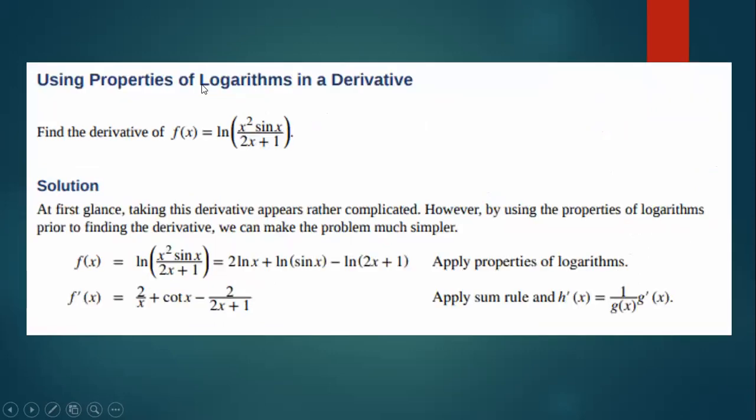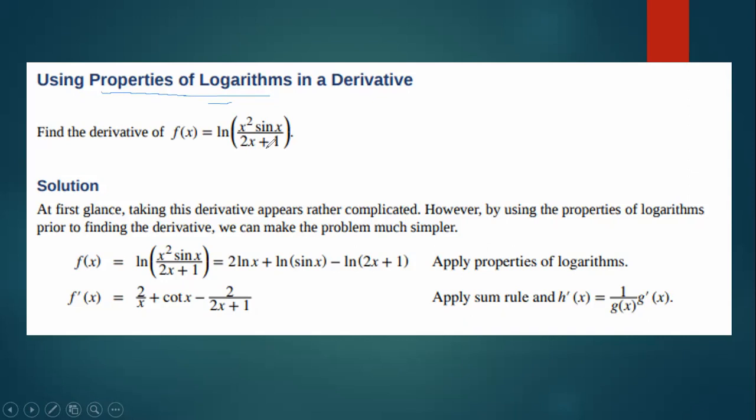Okay. Now using the properties of logarithm, we have to solve this. So here I don't derive first, I only use the properties of logarithm. Here the function is log of x squared sine x divided by 2x plus 1.